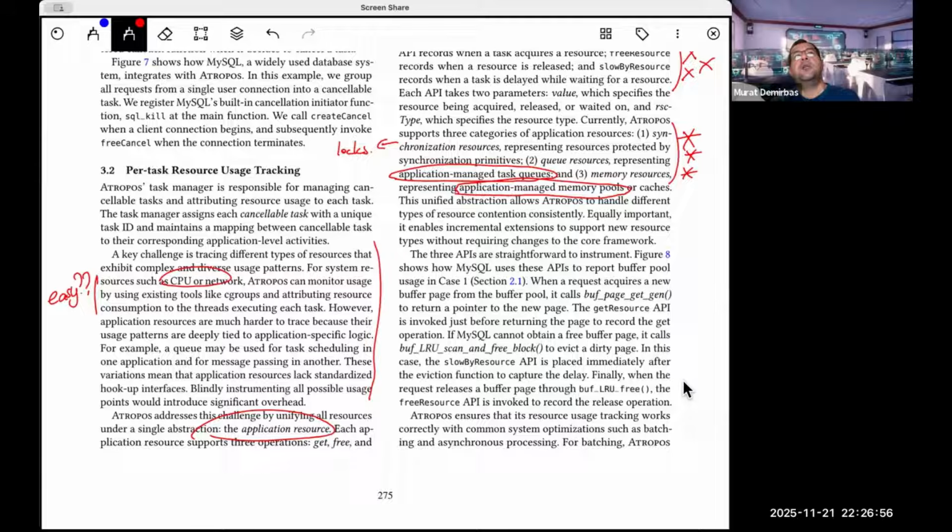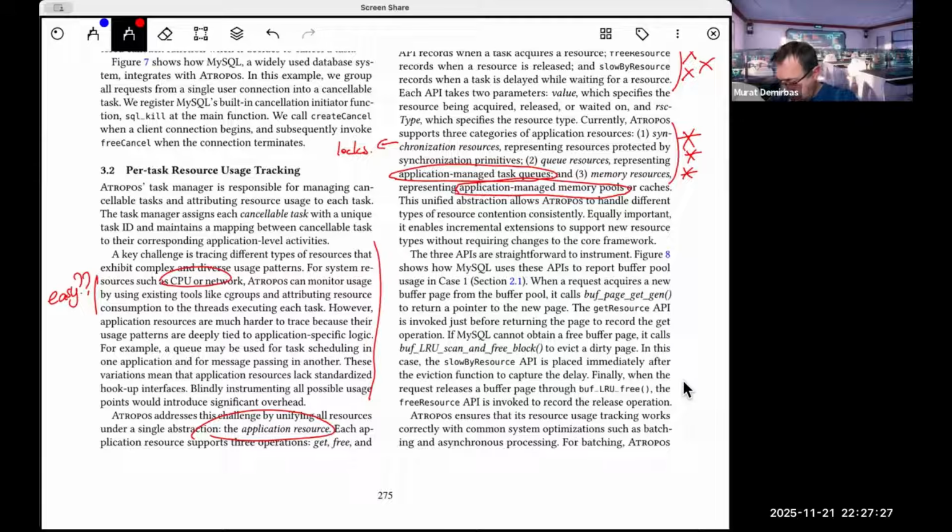If MySQL cannot obtain a free buffer page, it calls buff LRU scan and free block to evict a dirty page. In this case, the slow by resource API is placed immediately after the eviction function to capture the delay. Finally, when the request releases a buffer page through buff LRU free, the free resource API is invoked to record the release operation.